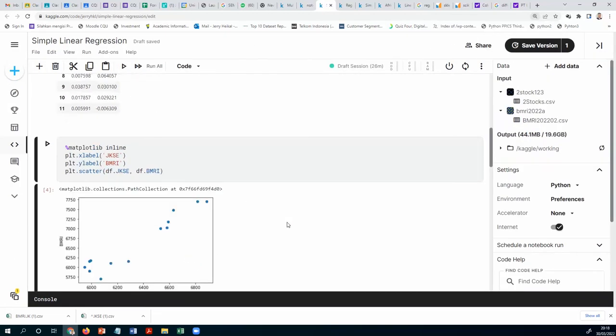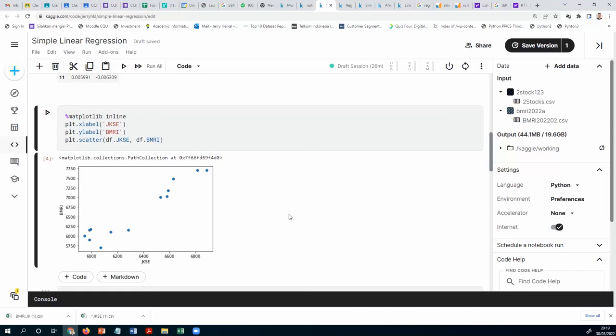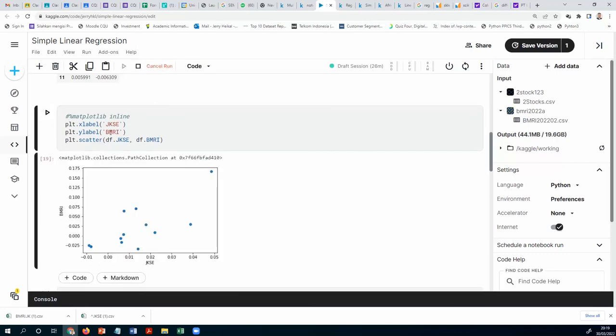Okay. So let's plot it. You don't need this one, so I put it here. Run it. So plt.scatter, there will be X and Y. X is the Jakarta Stock Exchange and Y is the BMRI.